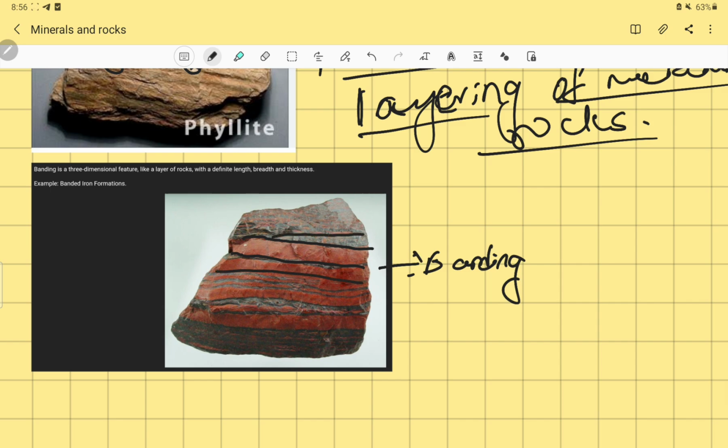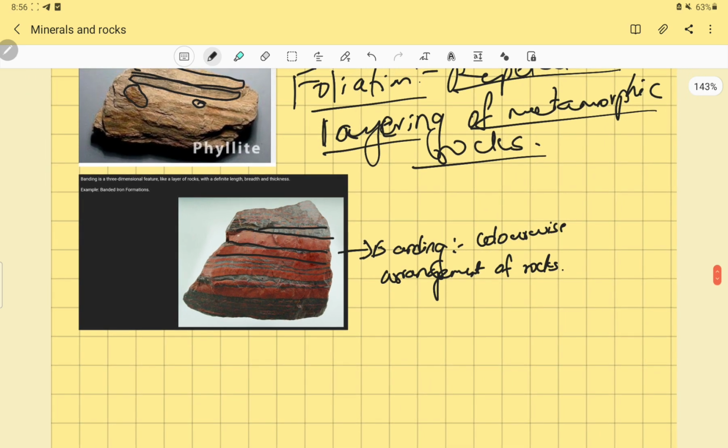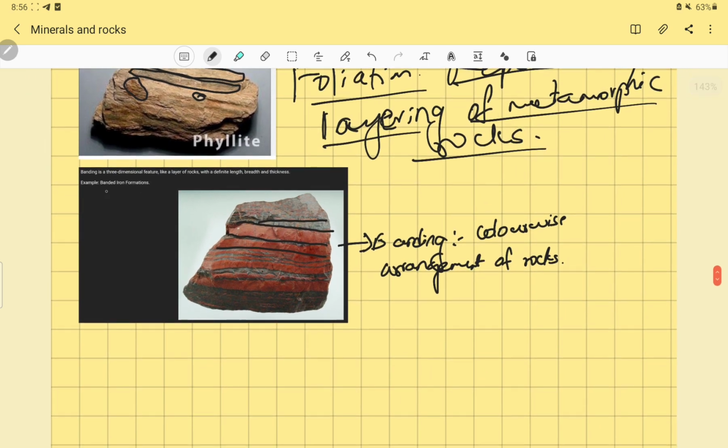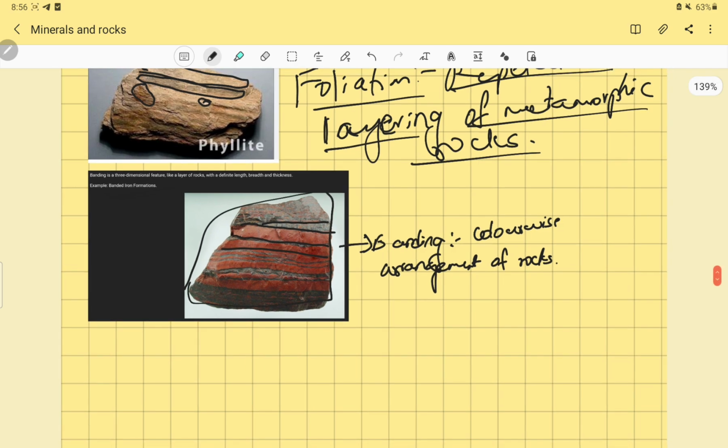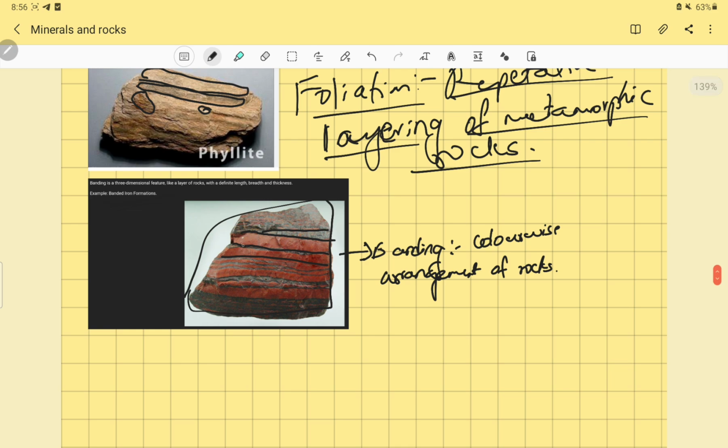A color-wise arrangement of rocks is known as banded rock. Here, this is a banded iron formation. Whatever rock you're seeing, this is a banded iron formation. The red one is the iron; the iron is banded here. Okay, this is about banding.